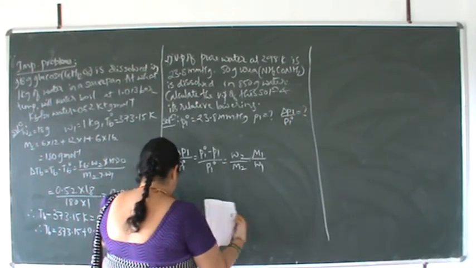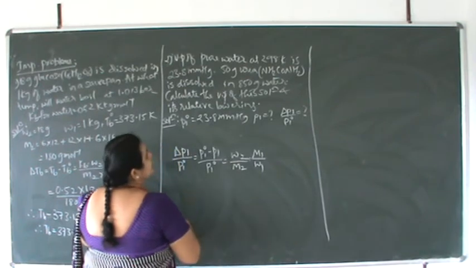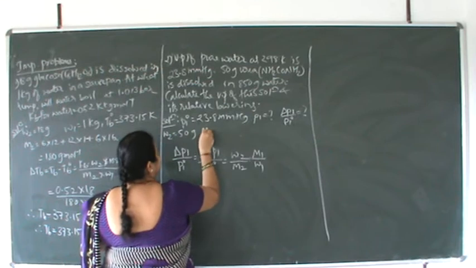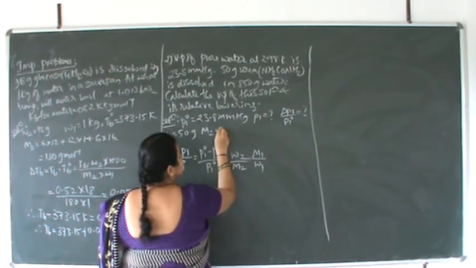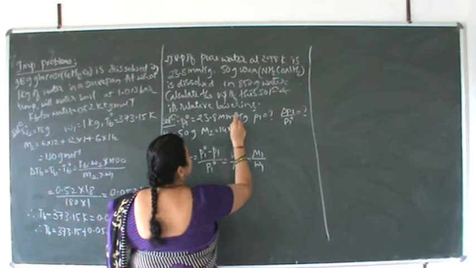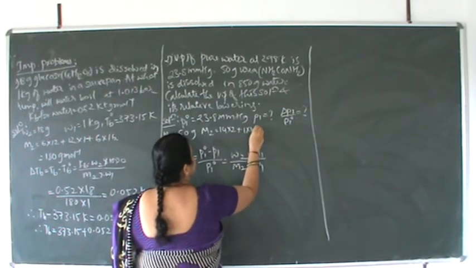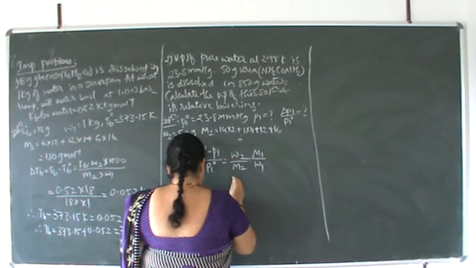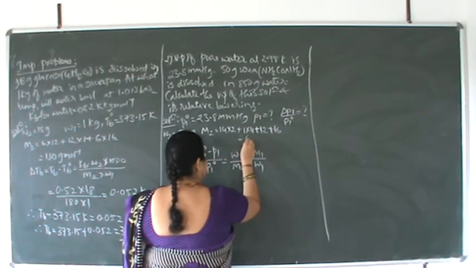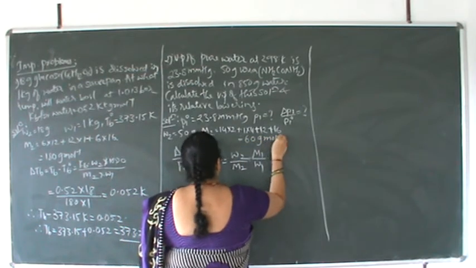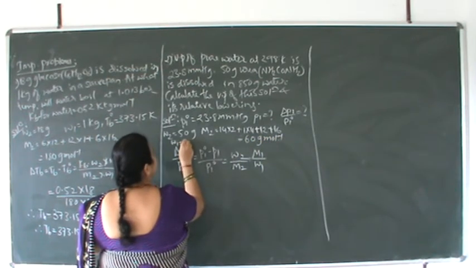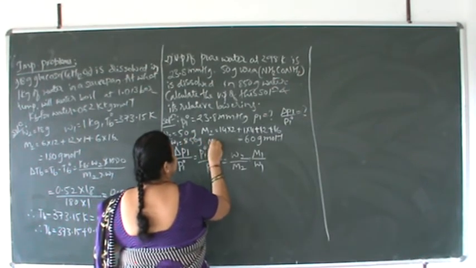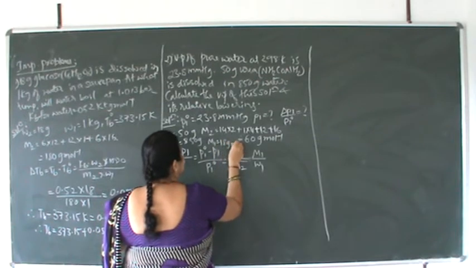Now in the problem it is also given that 50 grams of urea, W2 is equal to 50 grams, M2 is equal to nitrogen mass is 14 into 2 plus H into 4, 1 into 4 plus 12 plus 16. It totally comes up to 60 grams per mole, and W1 is 850 grams. M1 is equal to 18 grams per mole.